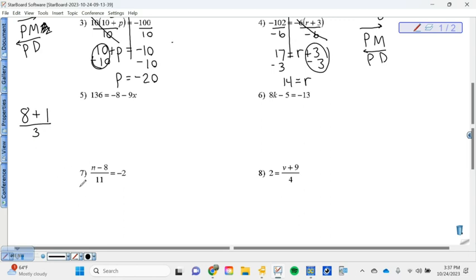But I thought division came before addition. Hold on, just evaluating this. It's almost like the top has parentheses around it, right? So we do that part first, and then we divide. So I add first, and then I divide, right? So then I get 3, yeah? So that's kind of what I want you to think about for 7 and 8.